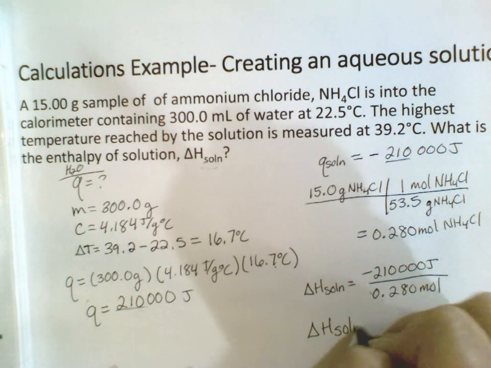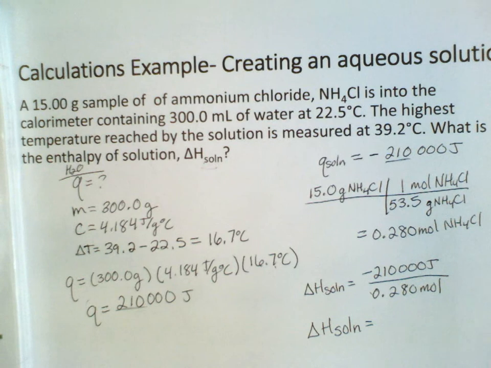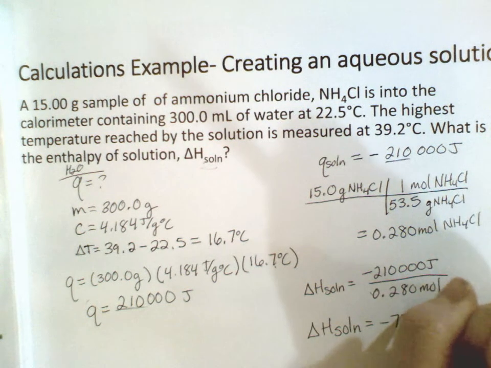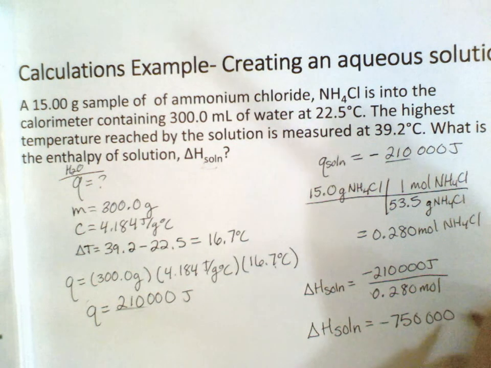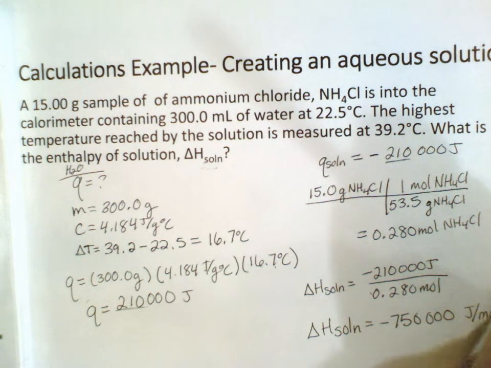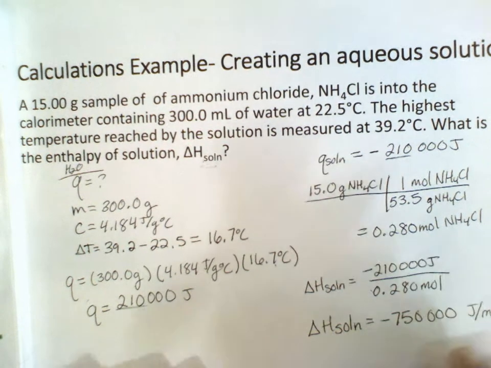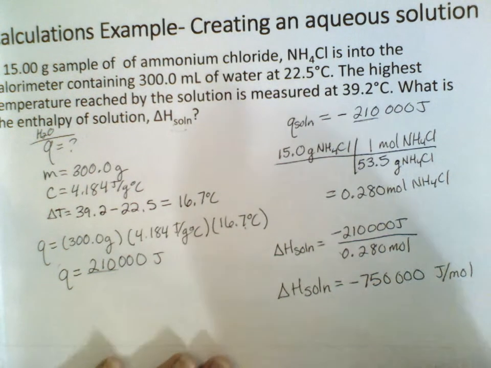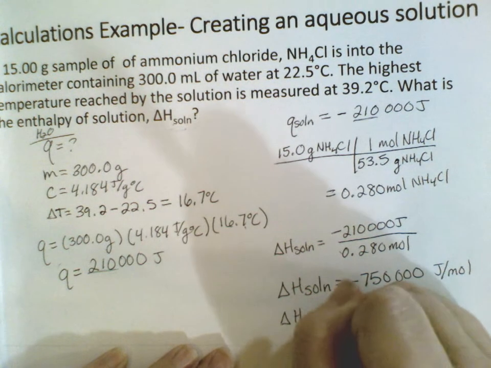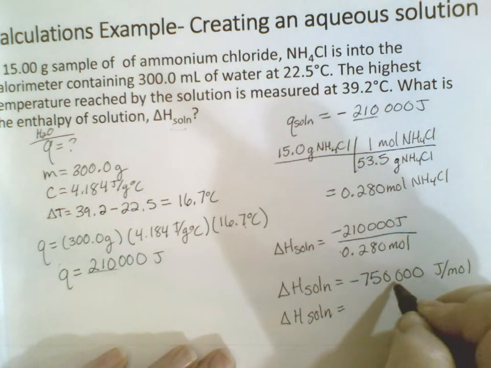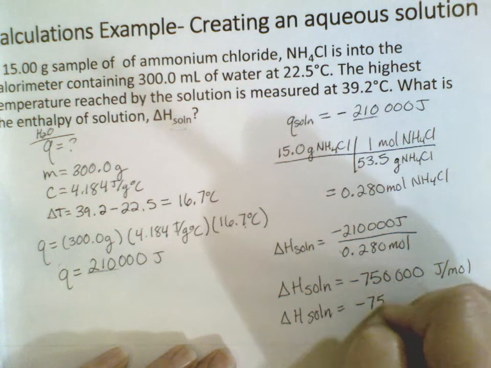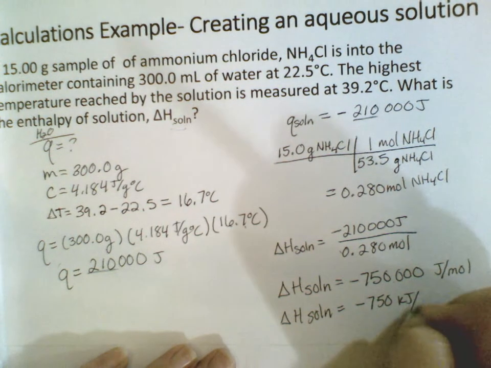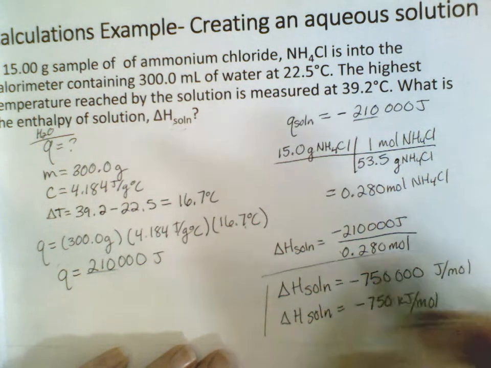And we get negative 750,000 joules per mole. Since we have such a large number, we can convert it to kilojoules. It's very common. That would move the decimal 3 times, or divide it by 1,000. So negative 750 kilojoules per mole, and that is our heat of our solution.